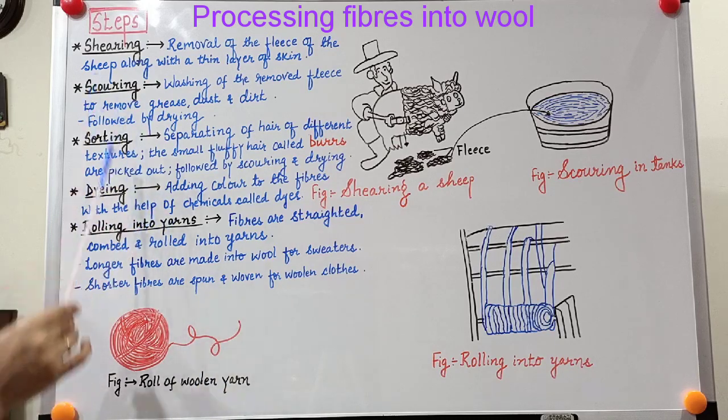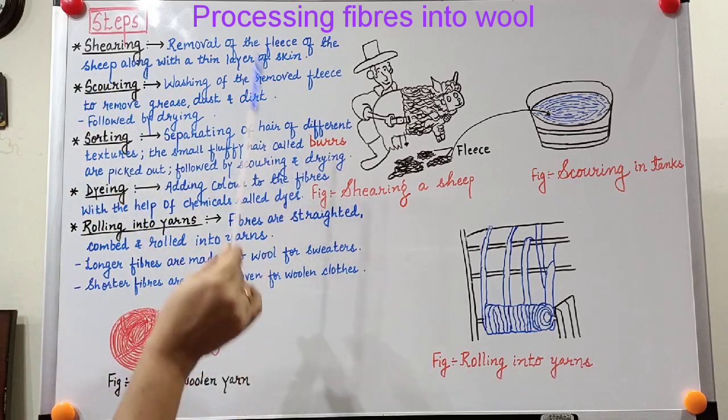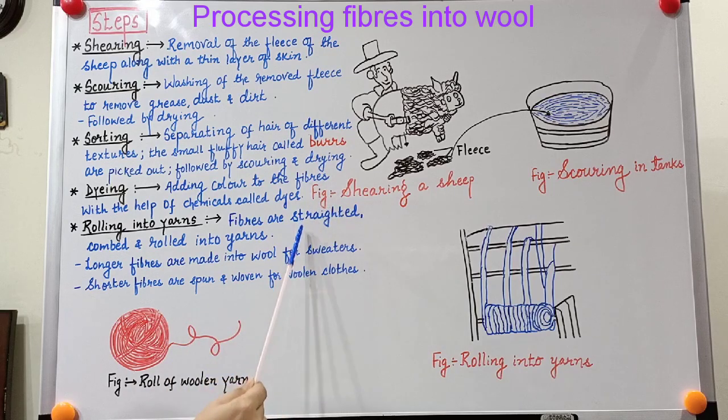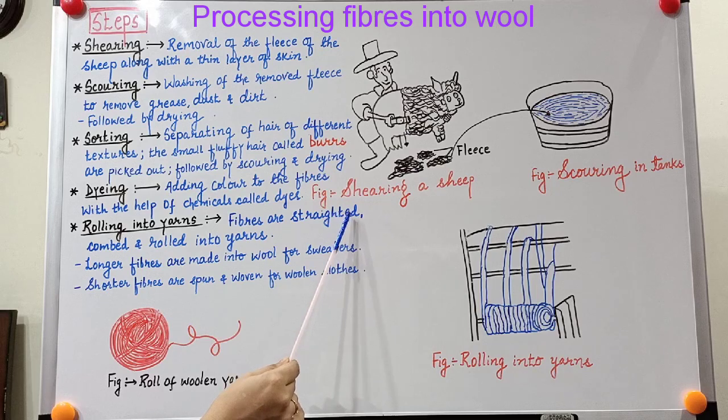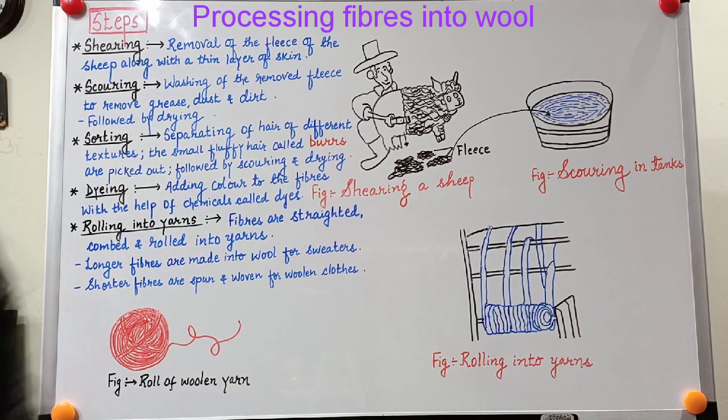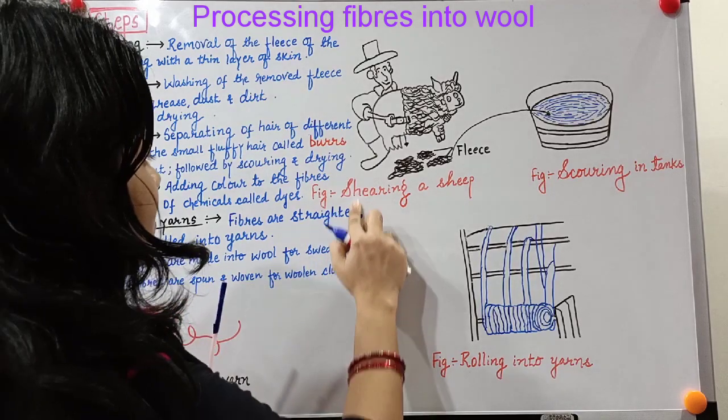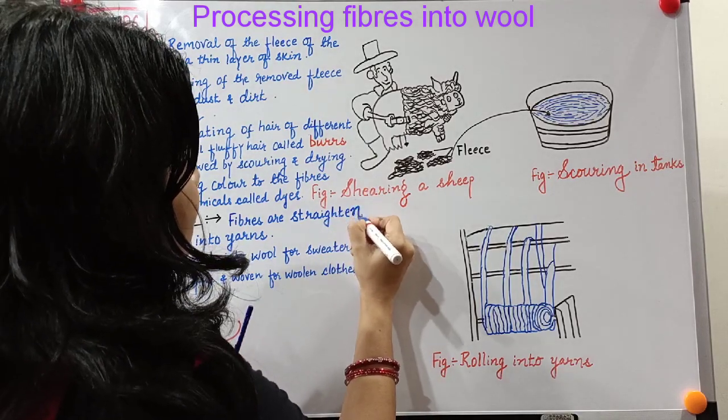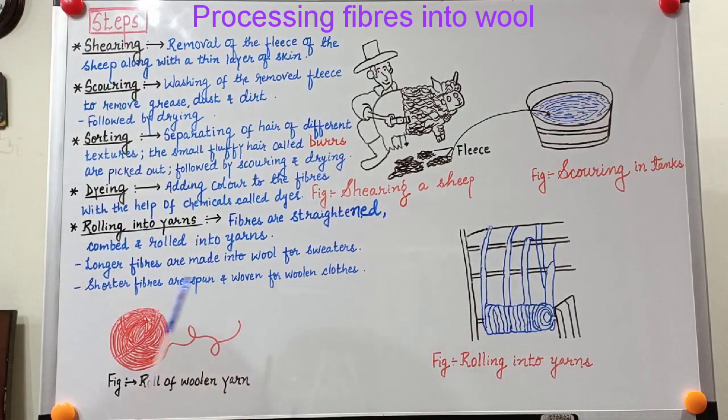Now, after the fibers have been dyed into desirable colors, what fleece we have is an entangled mass. So these fibers need to be straightened, combed and rolled into yarns.